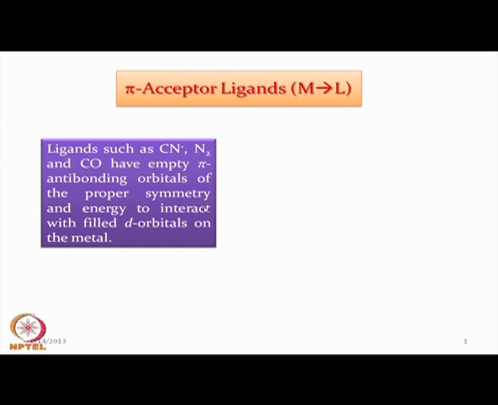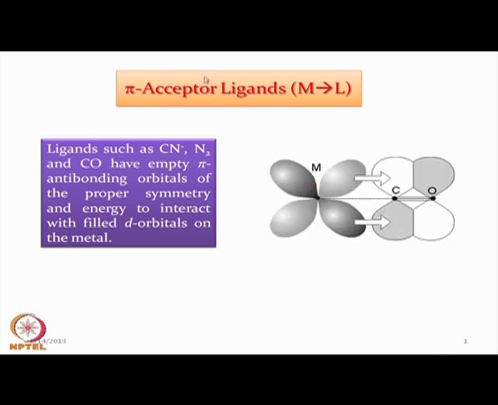Otherwise, if the symmetry is not matched, we do not have any good overlap between the metal orbitals of right symmetry and the ligand group orbitals of matching symmetry. If the symmetry and energy matching are both favorable, then the d orbitals present on the metal side can interact with the empty orbitals on carbon monoxide or CN minus to show pi acceptance.